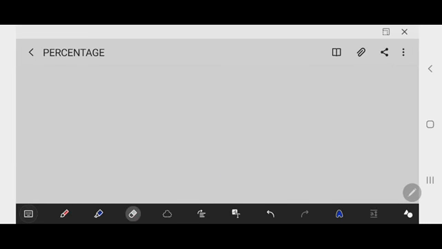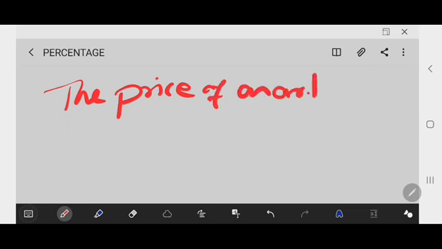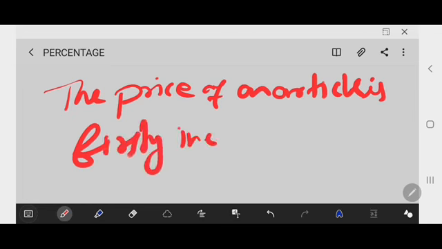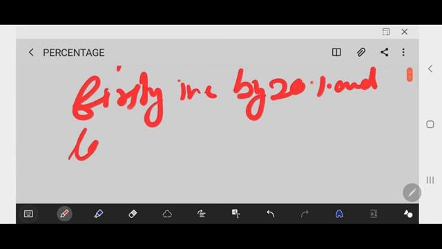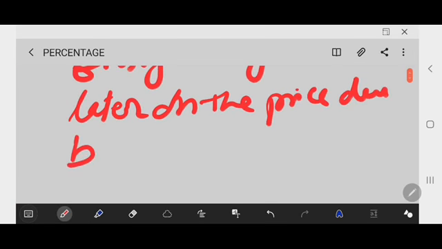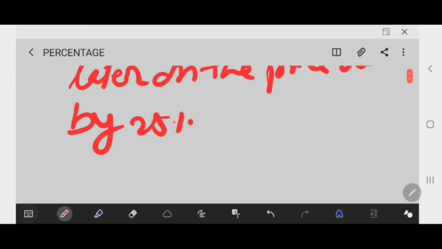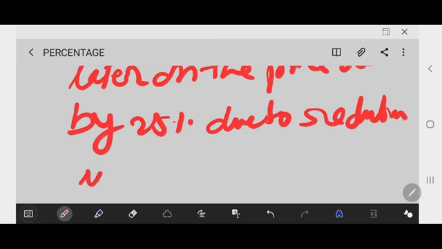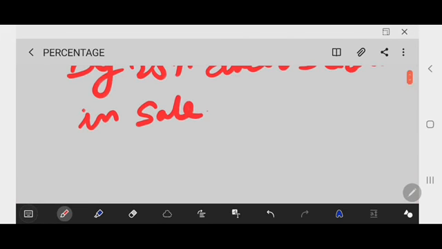Okay, so the next question: the price of an article is first increased by 20% and later on the price is decreased by 25% due to reduction in sale.